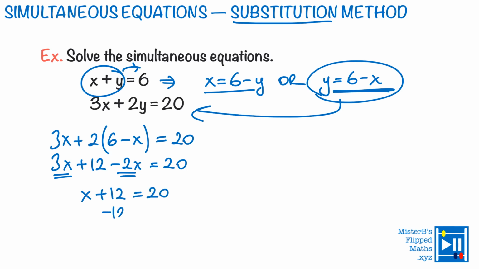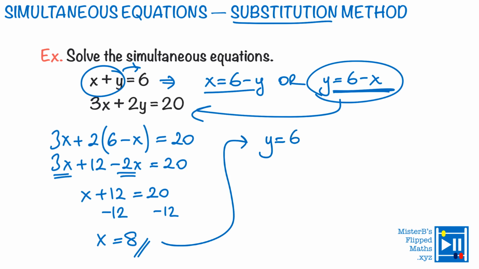And if I get rid of 12, I find x to be 8. Now that I know x, I can just substitute here. It's y equals 6 minus, instead of x, I write 8. So y will be negative 2. So this is how we deal with simultaneous equations by using substitution method.